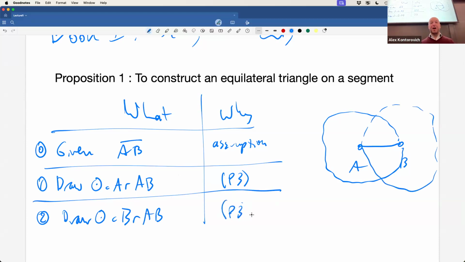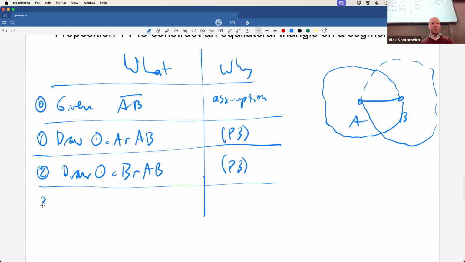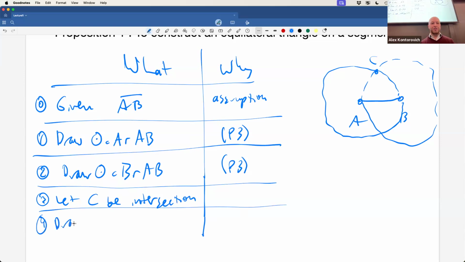P3: postulate 3 allows us to draw circles given a center and radius. Let's call C the point of intersection. Then we want to draw AC. Why are we allowed to draw AC?